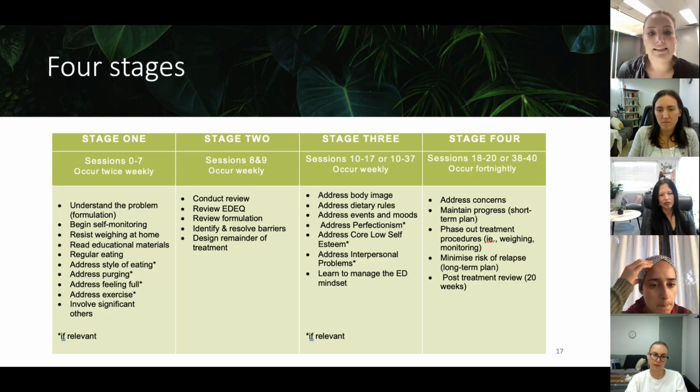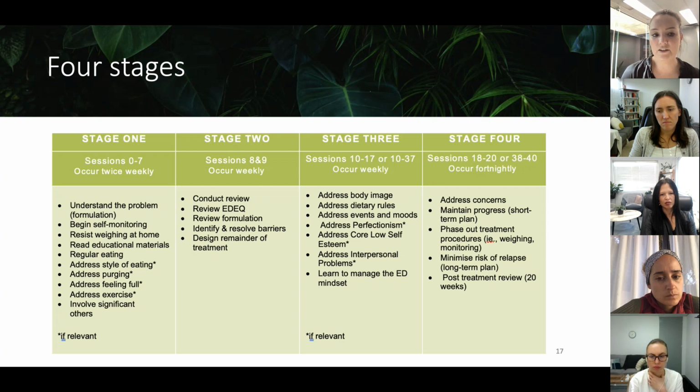So then we have 4 stages. We know that stage 1 is really just about achieving early change. It's really focused on helping the patient understand the problem and start to establish a pattern of eating that is regular and addressing any of the relevant issues that might come up around that. So if they're purging or if feeling full are issues and barriers to stage 1, we would be addressing those things.